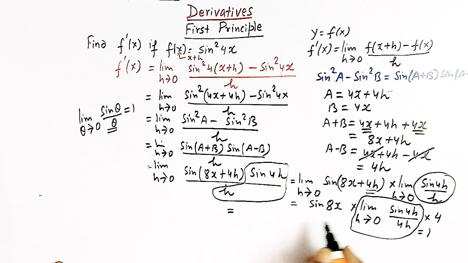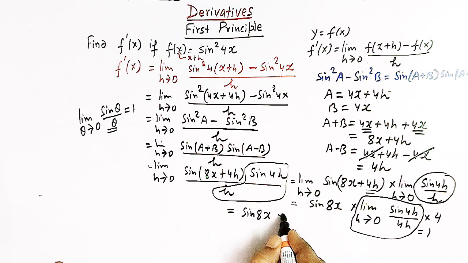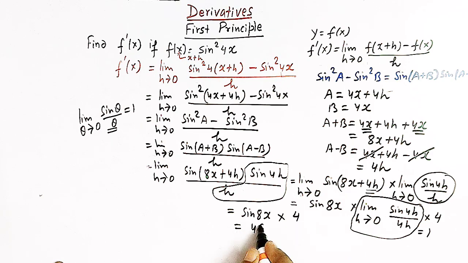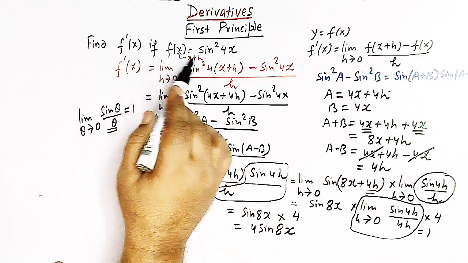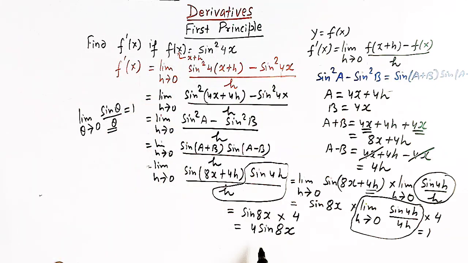So we can now have sine 8x times 4, and this is equal to 4 times sine 8x. So the derivative of sine square 4x using the first principle is given by 4 times sine 8x.